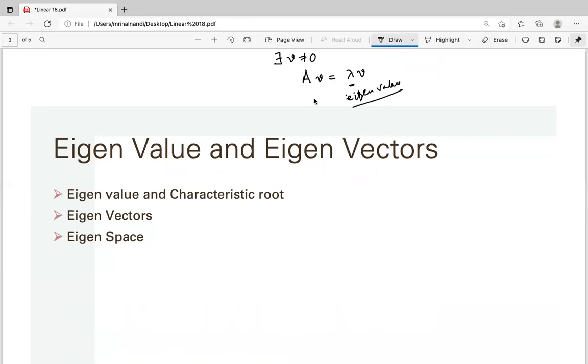So lambda is an eigenvalue if there exists a non-zero V such that AV equal to lambda V. Now it is clear that lambda satisfies this for a non-zero V if and only if the determinant of lambda I minus A is 0.